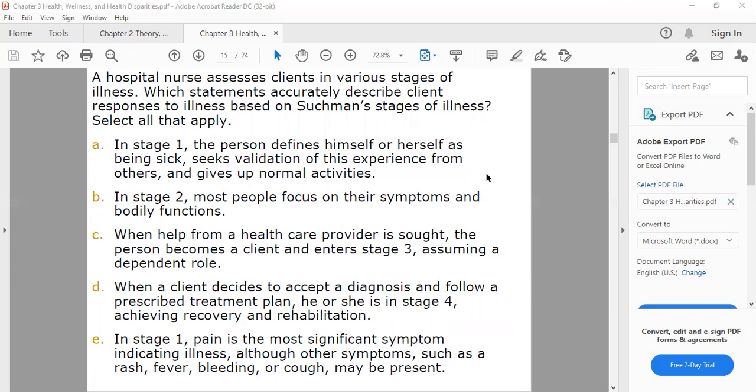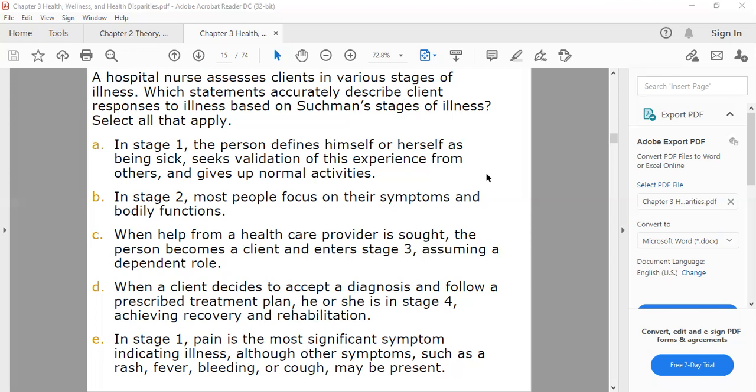B, D, and E. Okay, everybody agree with that? No, not D. Not D? Hold on. All right. Accepts diagnosis and follows prescribed treatment. Oh yeah, it is. Okay.